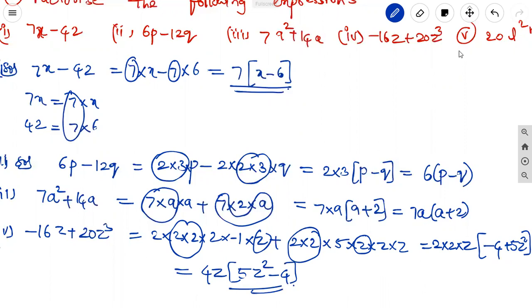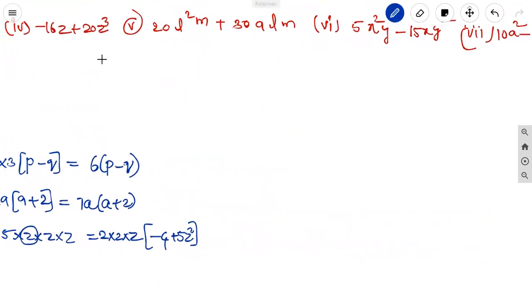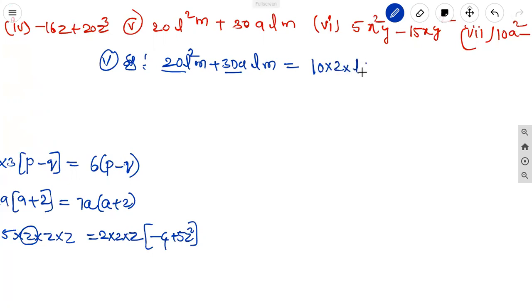Next, fifth question. Here, fifth solution is 20l square m plus 30am. 20 can be written as 4 5s are 20, or 10 2s are 20, l 2 times, m. 30 can be written as 10 3s are 30, am. Why am I taking 10?